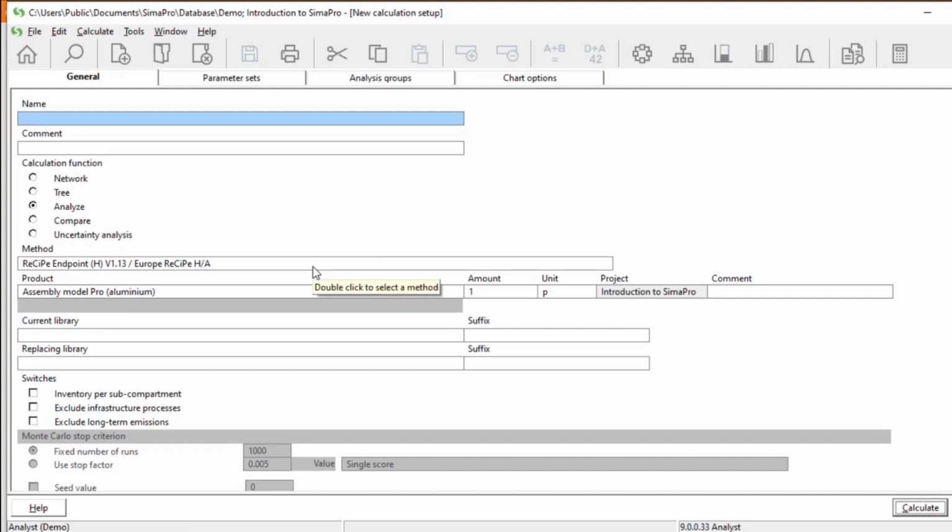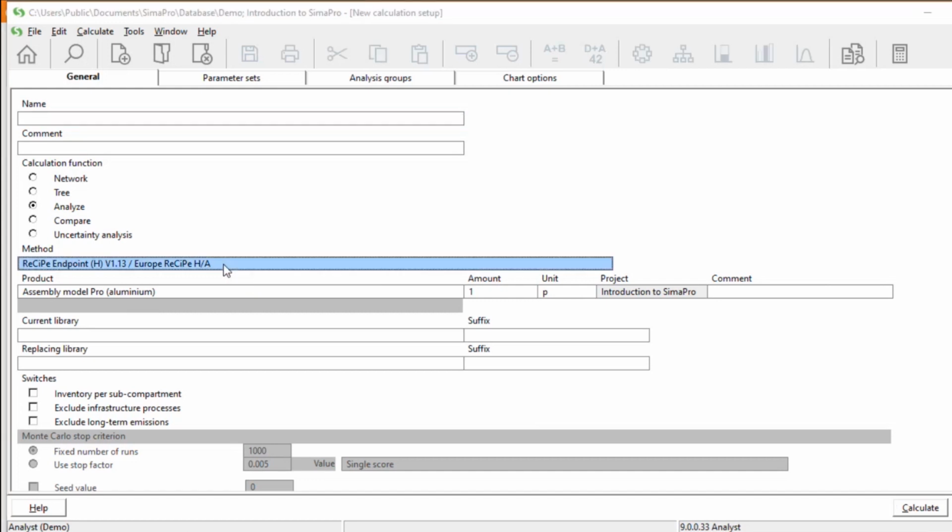Since this is already built in and I'm just following the step-by-step processes, we don't need to select the method. Other than that, if you are doing a fresh analysis, in your cases you need to select your method. You just need to click it here. For example, I showed it in the previous tutorial, but to recap, just click here.